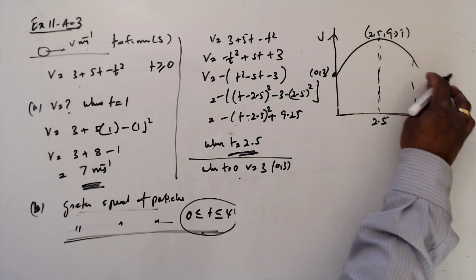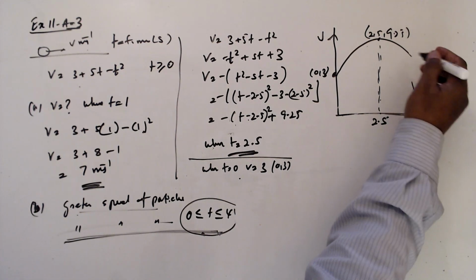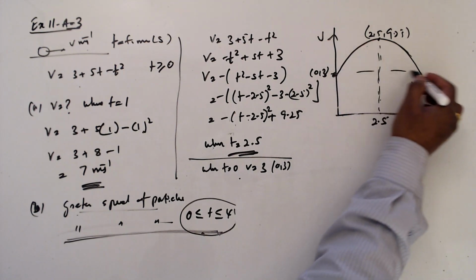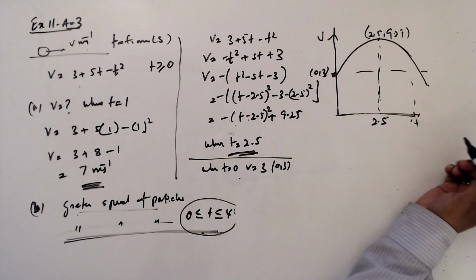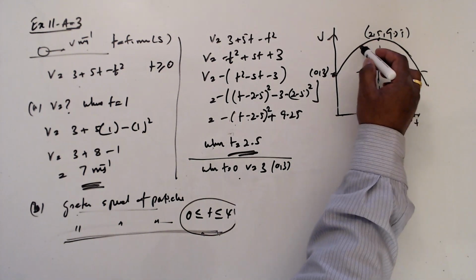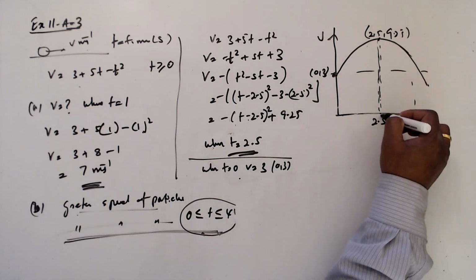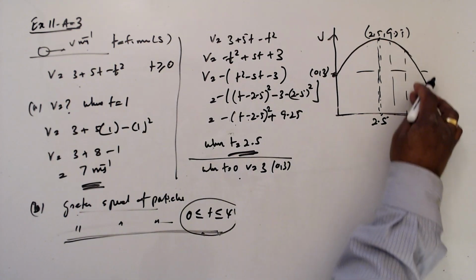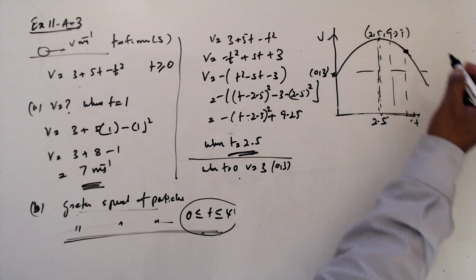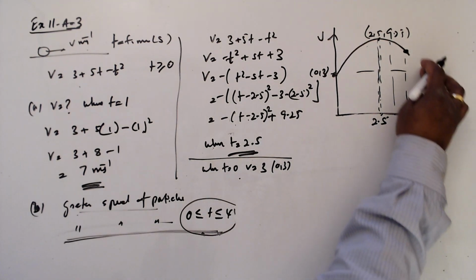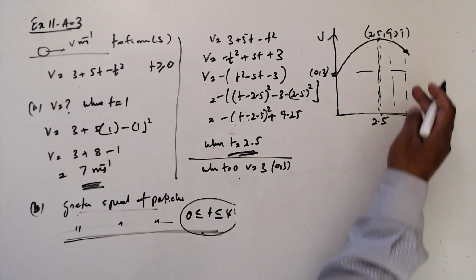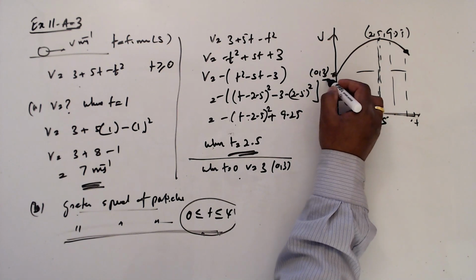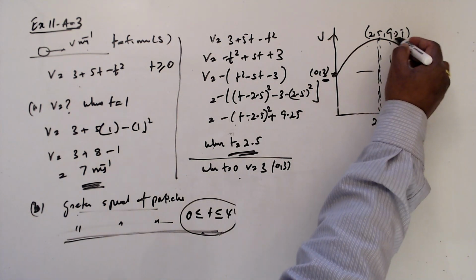The other thing is, when t equals 4, do we think the curve is less than 3 or more than 3? If this is 2.5, then 3 and 4 are somewhere here. By symmetry, I'm expecting 4 to be somewhere around there. Because of that, the minimum v value is 3 and the maximum is 9.25.